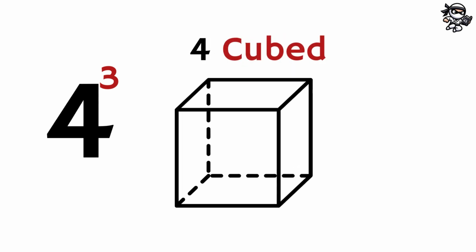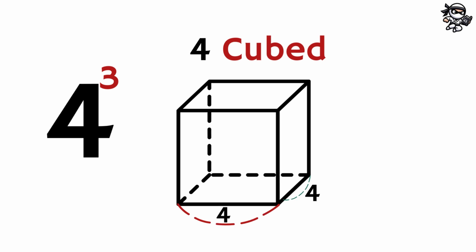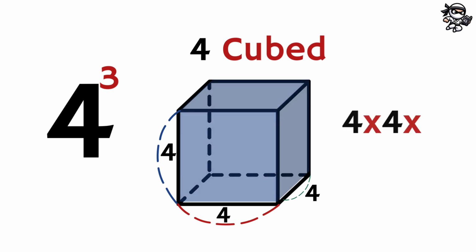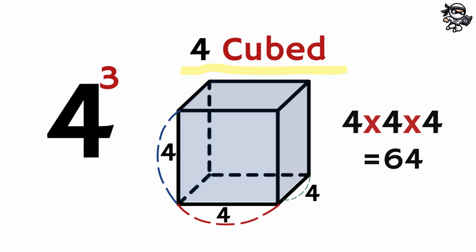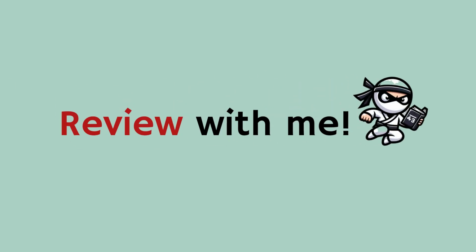And 4 to the power of 3 is called 4 cubed. This is because if you make a cube with a length of 4, a width of 4, and a height of 4, the total volume is 4 times 4 times 4, which is 64, so they just call it 4 cubed.